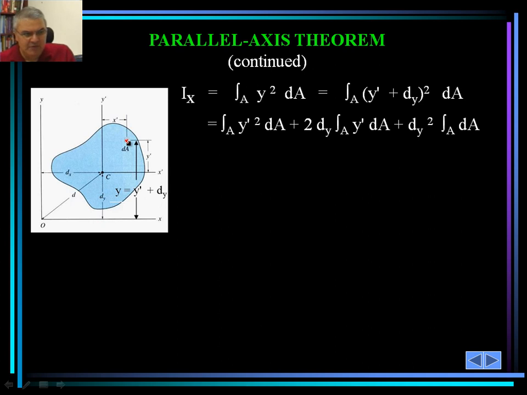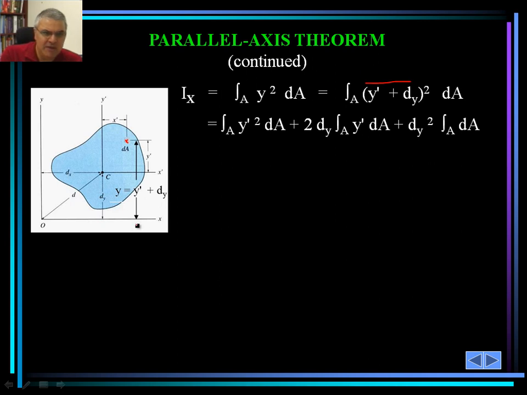So in this case, the y here would be y prime plus d sub y, right? If you want to take the moment of inertia of dA with respect to another axis, considering the applied equation, then we need to substitute for y.